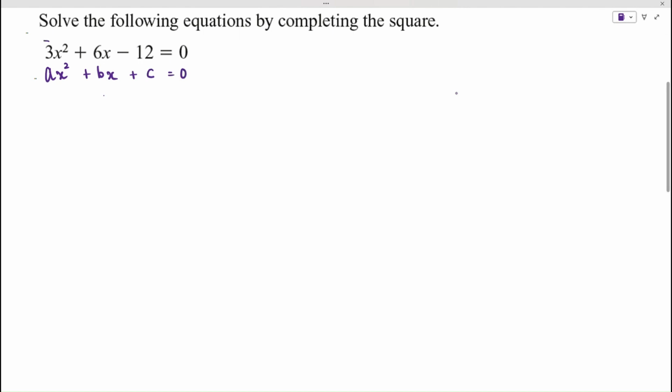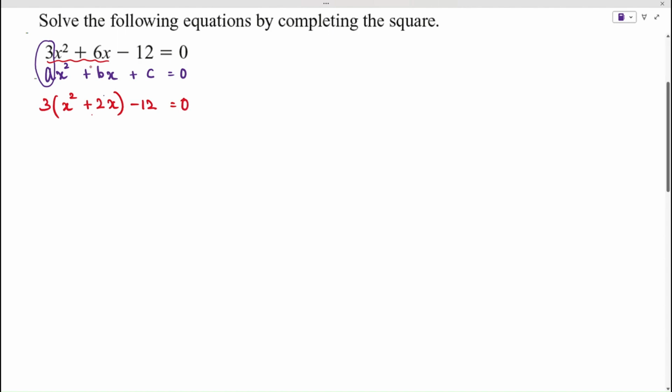We have a value of a as 3, so 3 is our coefficient of x squared. What we do is we factorize 3 out of the first two terms in our equation, and this gives us 3 times x squared plus 2x, then minus 12 is equal to 0.